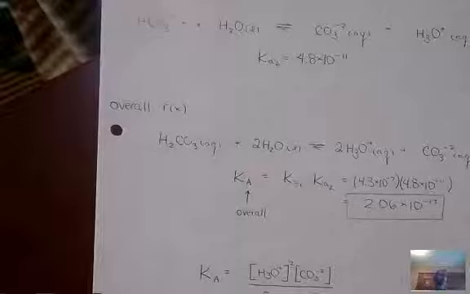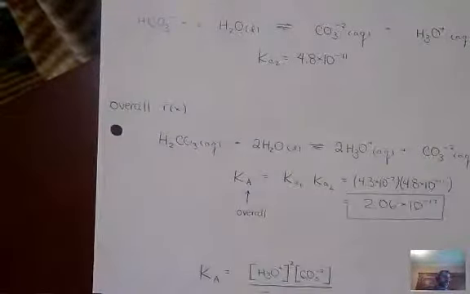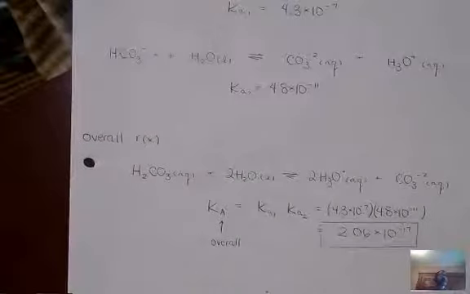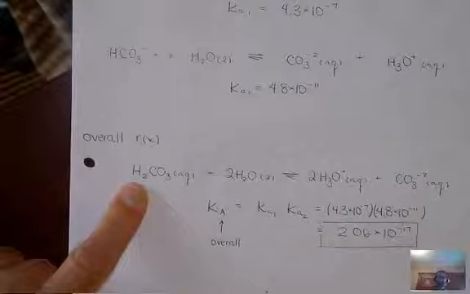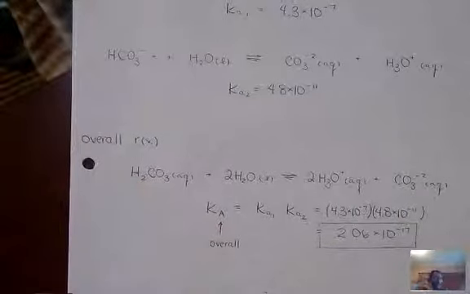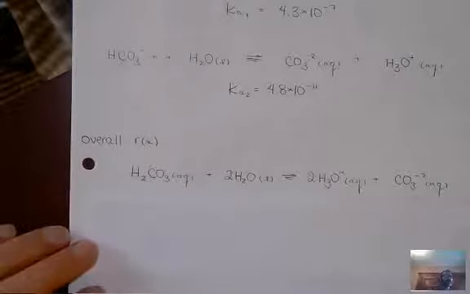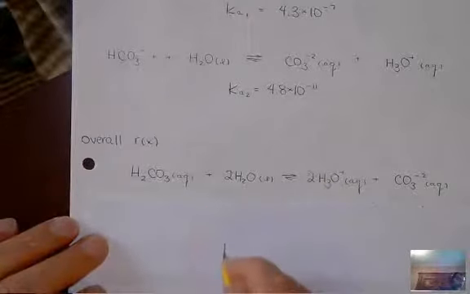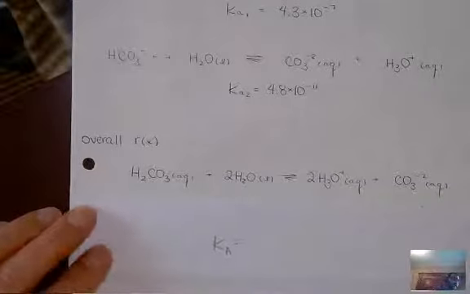And another way that you can look at it is the overall equilibrium constant has to come from the overall reaction. So here's the overall reaction right here. So if I write the overall reaction, let's get one more piece of paper. Just turn this one around. Right. So we know the value of the overall equilibrium constant, but what does it represent?